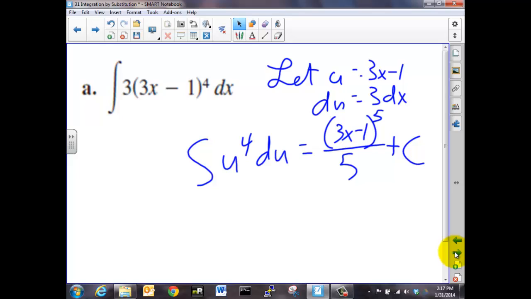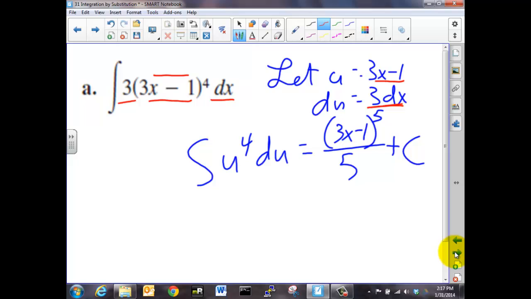So when we look at this particular problem, what's in the parentheses? 3x minus 1. We let u be that. Remember, how do we determine what du is once we decide what u is? Derive u. We do not look back at the original problem and pick du out of there. We derive u and find out that it's 3dx. Once we do that, then hopefully we'll see that this is already in the problem, and this is in the problem.